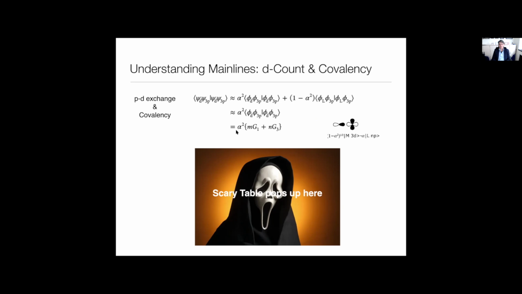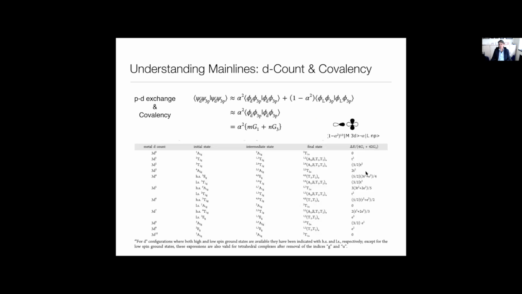Michael Atanasov has worked through the theory of all the dn configurations, and you see a scary table pops up here. He has worked out for all the dn configurations what intermediate and final states can exist, and in which way they are affected by covalency, because covalency is anisotropic.